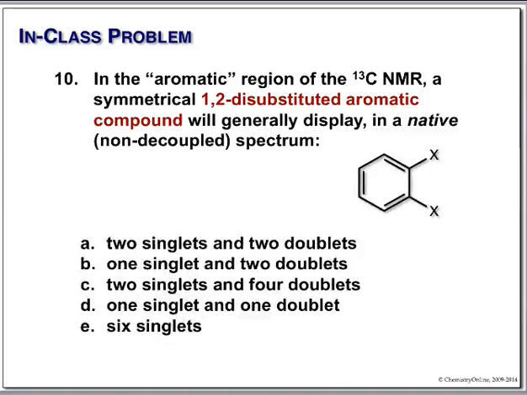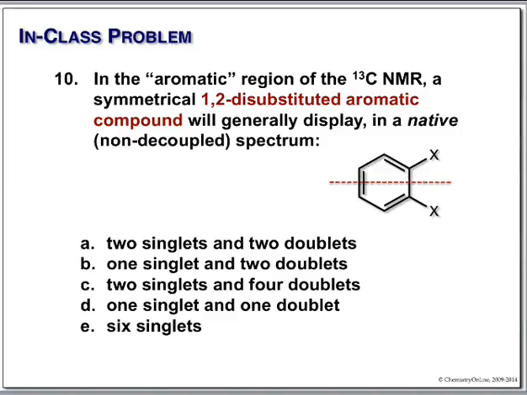When you look at this compound, what you want to do is decide: is there symmetry? Because this is symmetrical, 1,2, we have a plane of symmetry right across the middle. That means that everything on the top is identical to everything on the bottom.